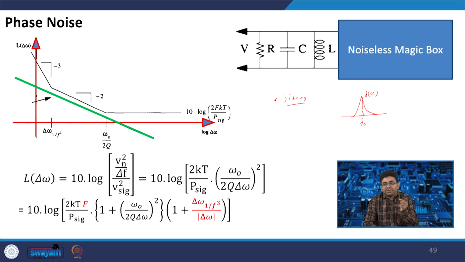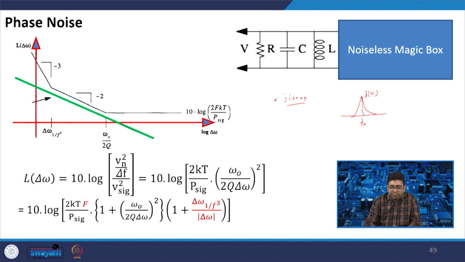Instead of a single frequency f naught, there are many other frequencies side by side if you draw it in the frequency domain. These are not desired frequency components, and this is called phase noise in the oscillator, which is generated due to the noise in the active components.